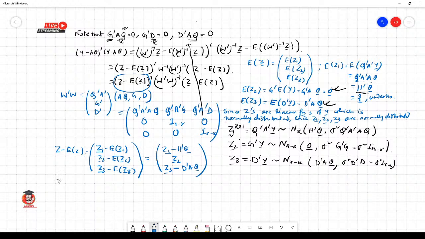Then y minus A theta curl prime y minus A theta curl.